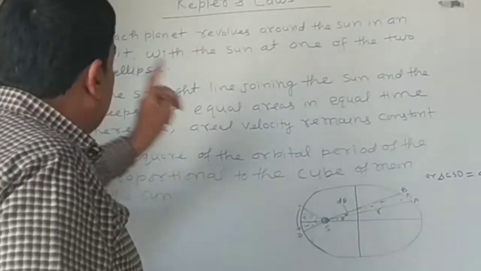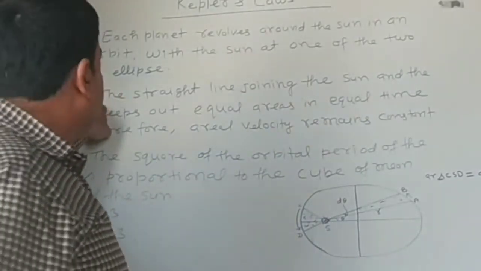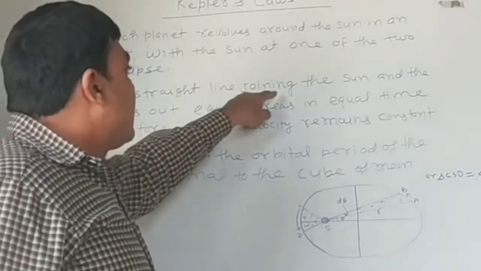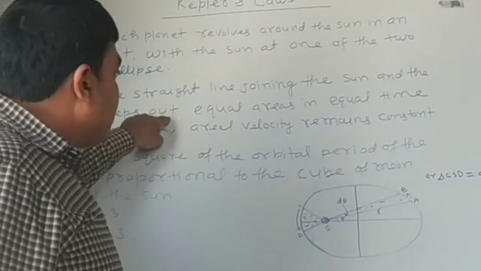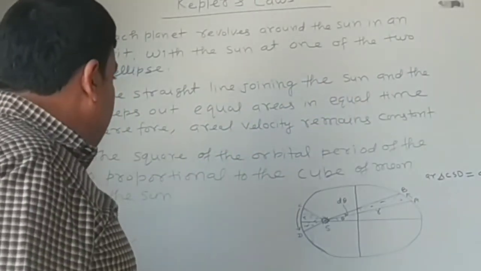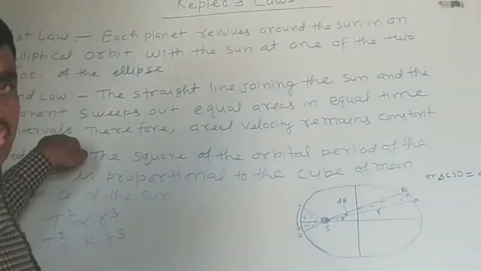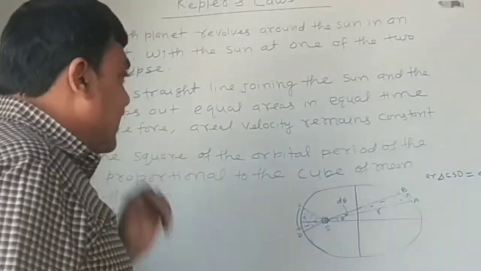That means according to the second law of Kepler, the straight line joining the sun and the planet sweeps out equal areas in equal time intervals. Okay? Therefore, areal velocity remains constant.